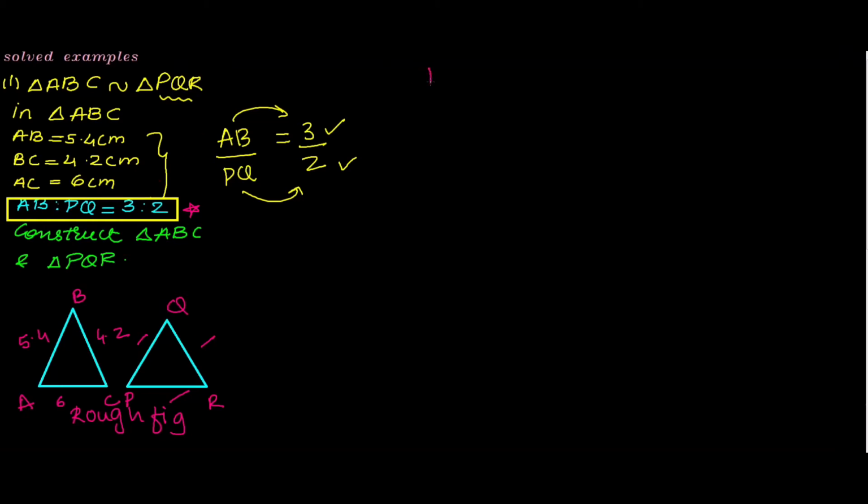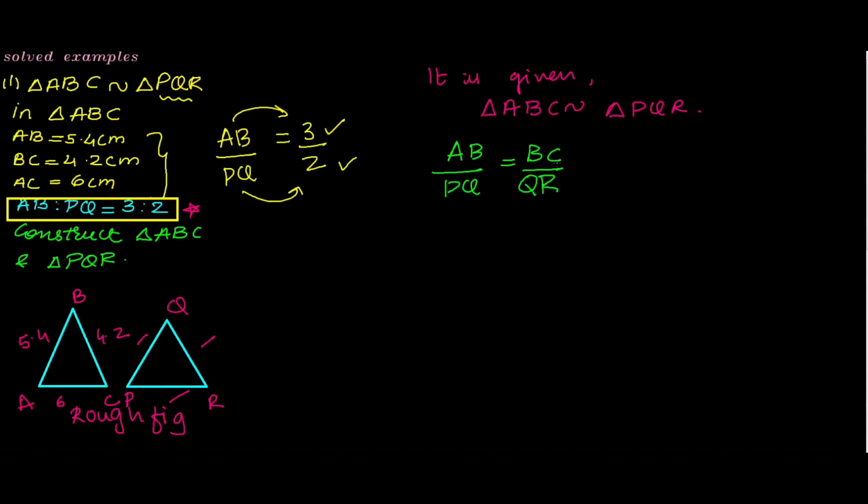So write this, it is given. Triangle ABC is similar to triangle PQR, and as they are similar, we know that the corresponding sides are in the same proportion. So we can write AB upon PQ is equal to BC upon QR is equal to AC upon PR.